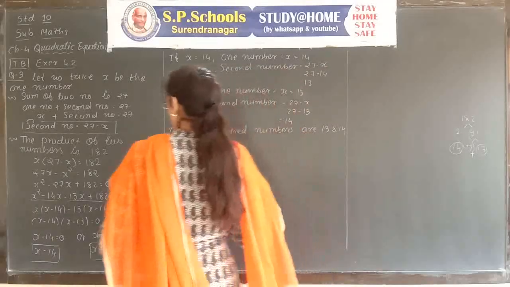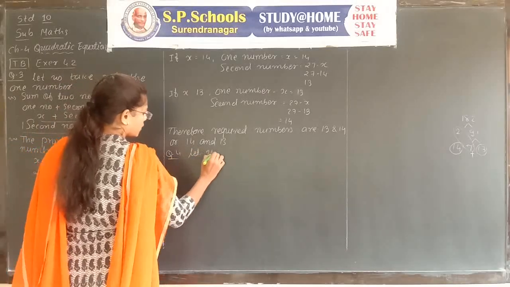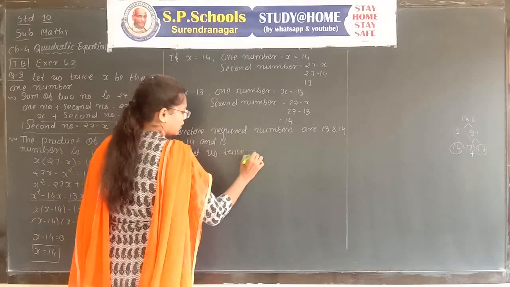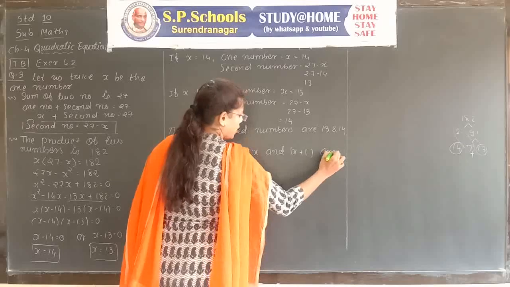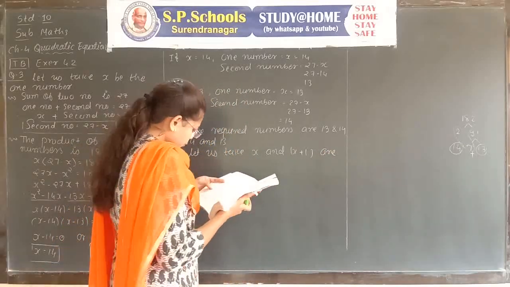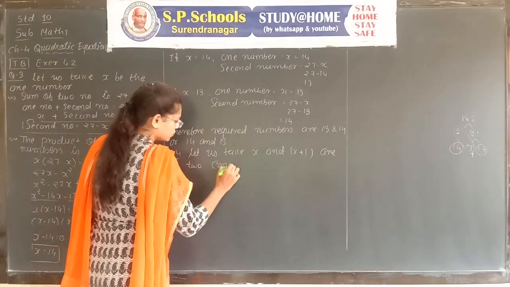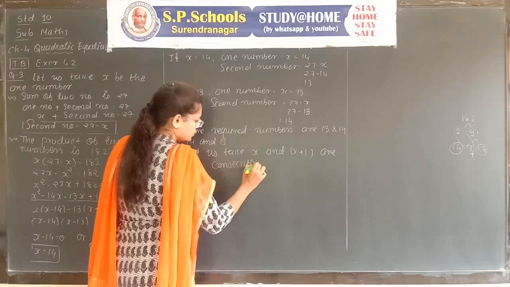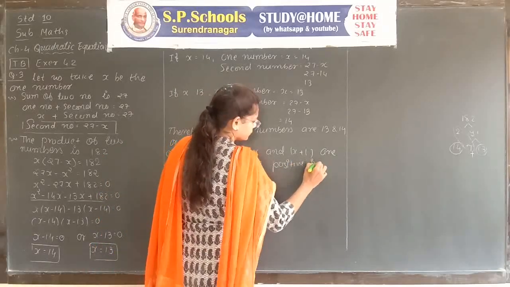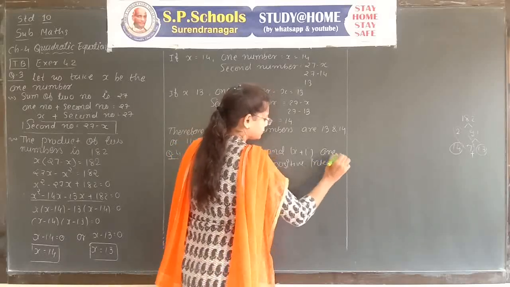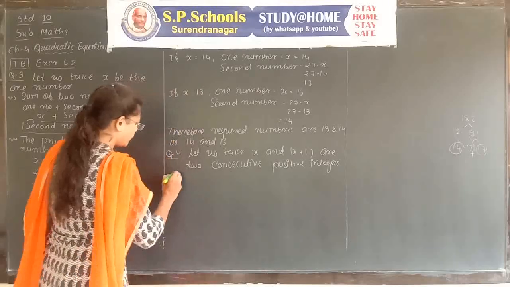First of all, we have to assume this in question number 4. Let us take x and x plus 1 as two consecutive positive integers, the sum of whose squares is 365.